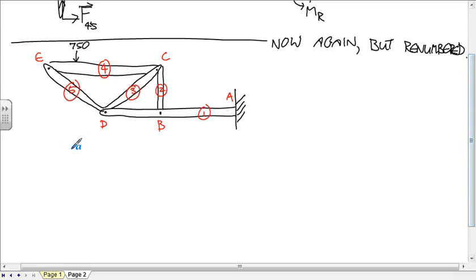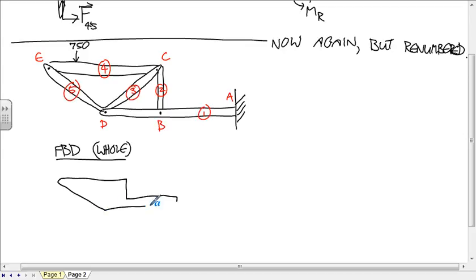Okay, so the free body diagram of the whole thing doesn't change. So we have the 750 and then the force and the couple over here.